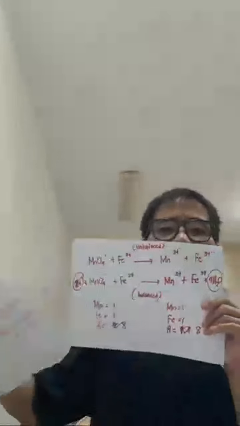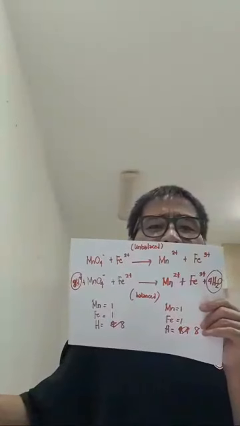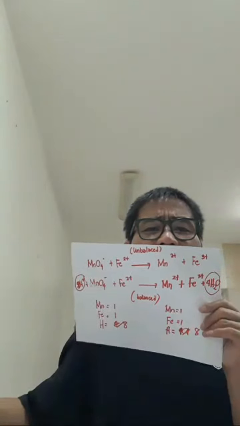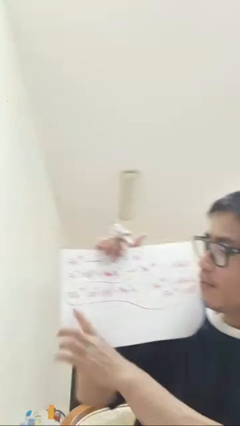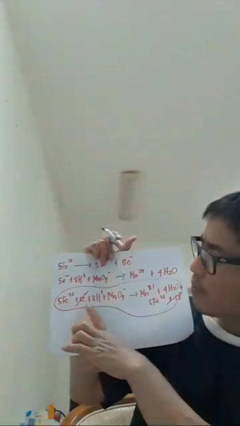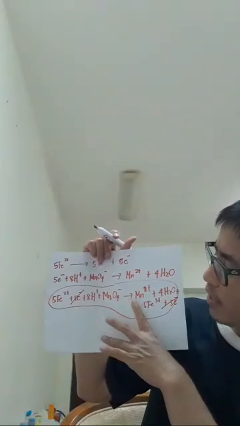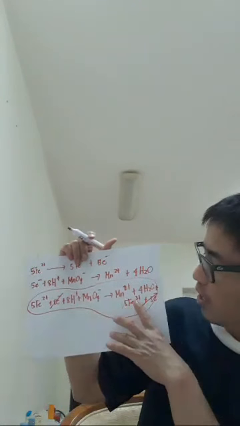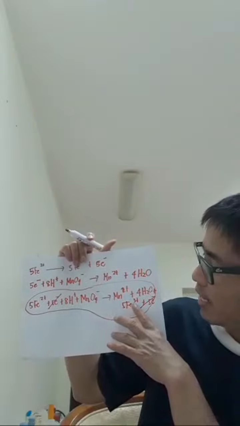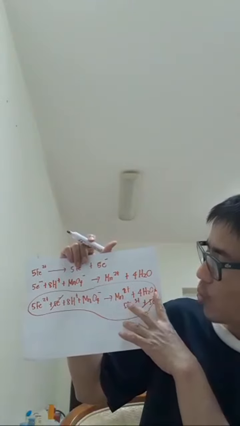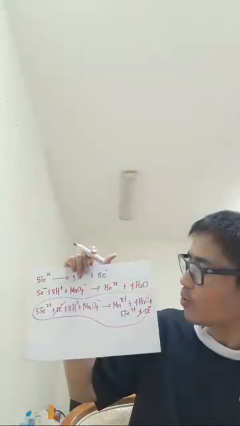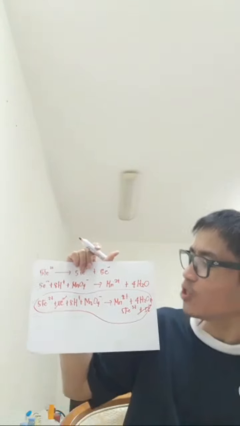In MnO4 negative, this one. Look at the unbalanced equation first. Okay? And the balanced one. So this is our final equation. 5Fe2 plus 8H plus MnO4 negative gives Mn2 plus, 5 ferric, plus 4H2O. So this is an acidic solution. Why? Because you add hydrogen plus.